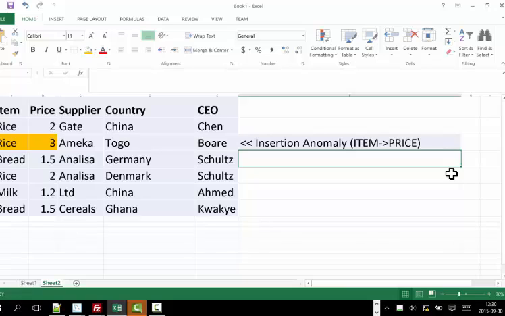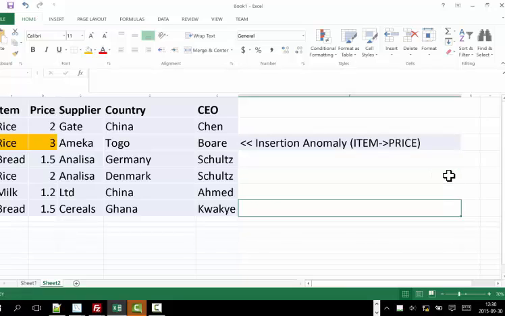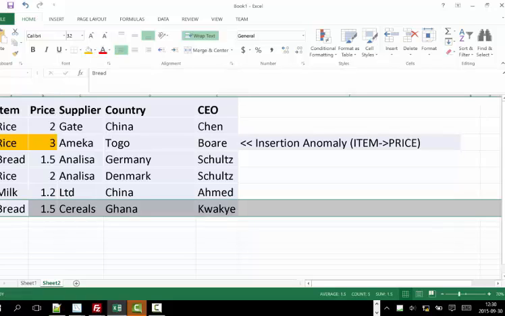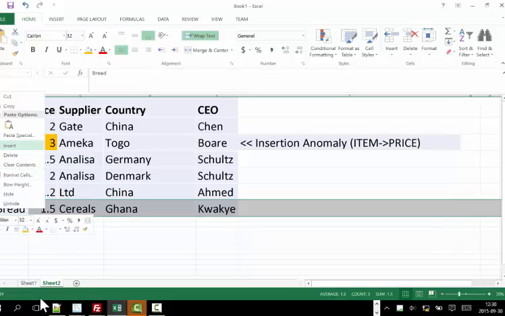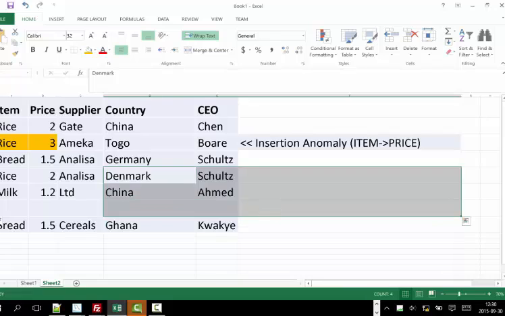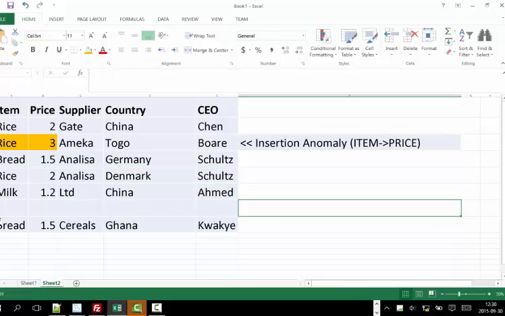Not the same item price. What other rule did we have? Okay, so we also had supplier to CEO. So can someone propose an insertion that will cause an insertion anomaly for supplier to CEO?